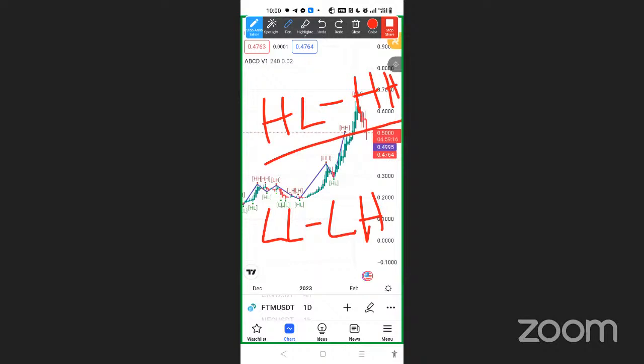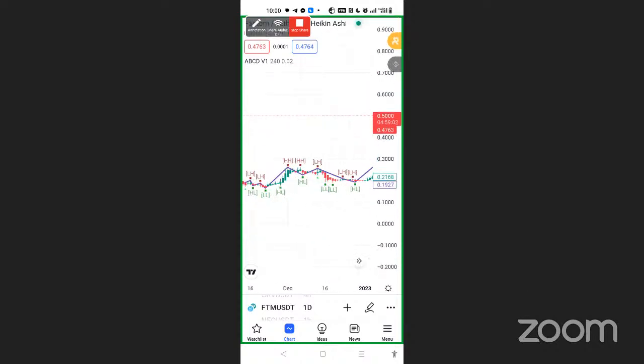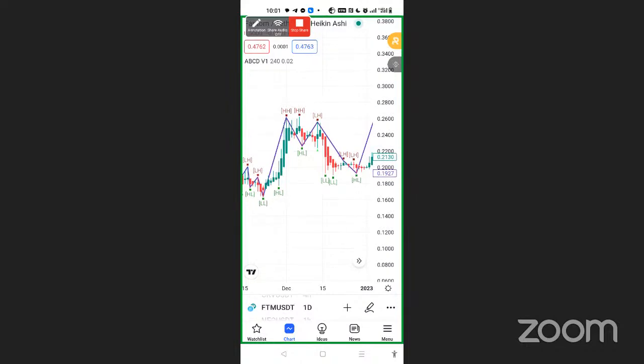When we see prices moving from the lower low, let me just widen this area here.